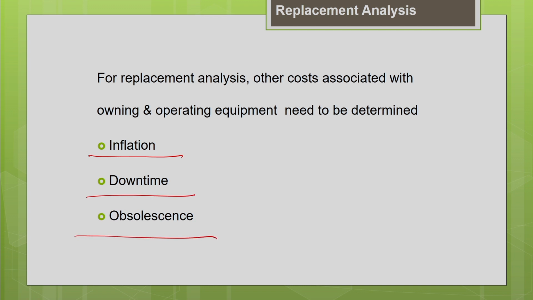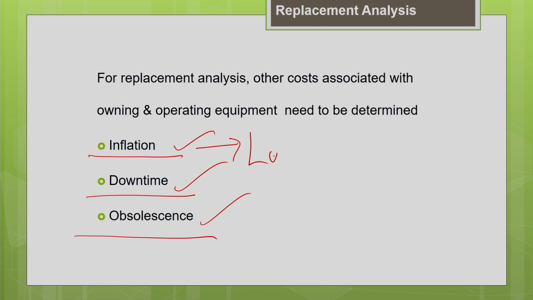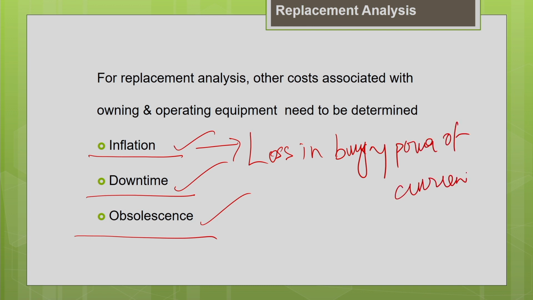One is the inflation cost, another is the downtime, and another is the obsolescence cost. Inflation, everyone knows, is nothing but the loss in the buying power of your currency. For example, if I purchased a machine for 10 lakh rupees 5 years before, the same machine I cannot purchase at 10 lakh now.